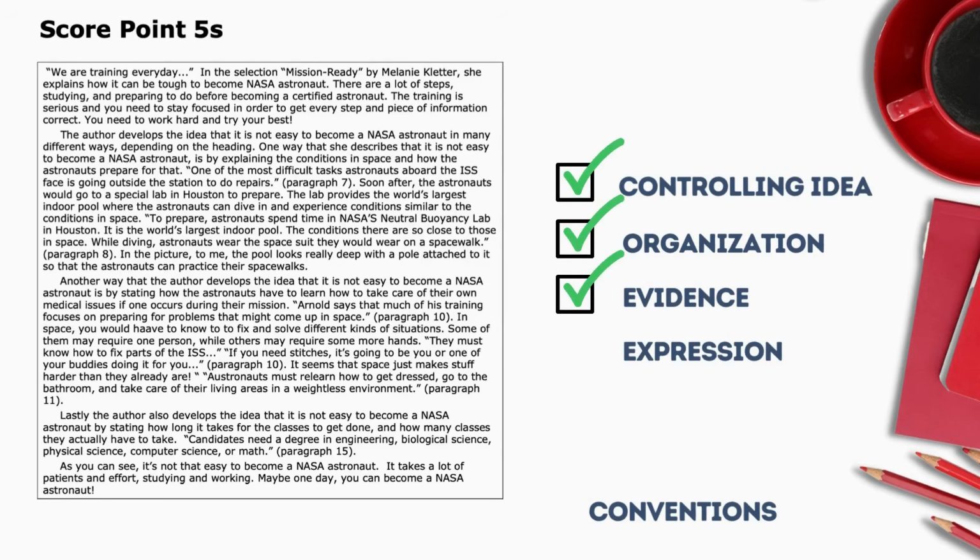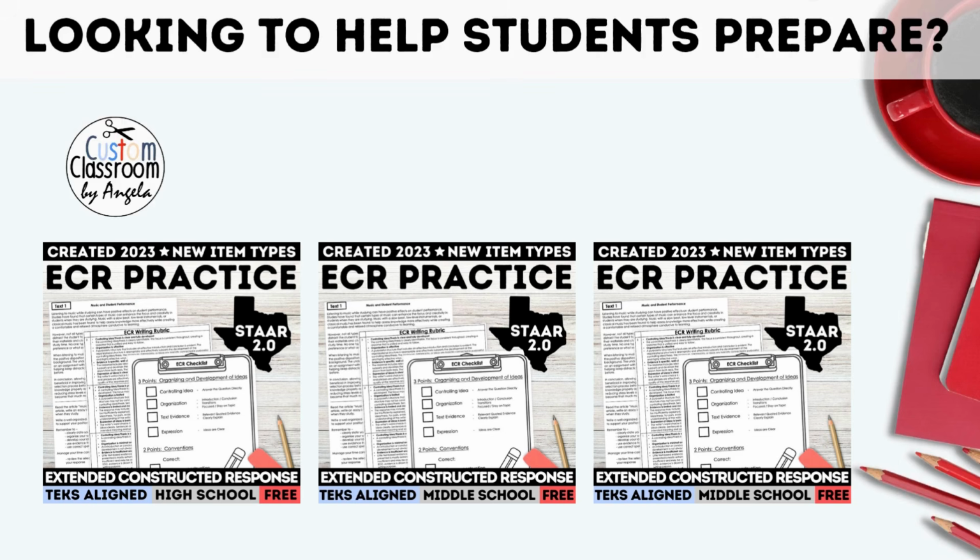The writer provides relevant, quoted evidence that is clearly explained. The expression of ideas is clear, as almost all the sentences and phrases convey their idea toward the controlling idea. The conventions score is also a 2 because they're showing consistent command of conventions with very few errors in spelling that do not impact the overall effectiveness of this writing.